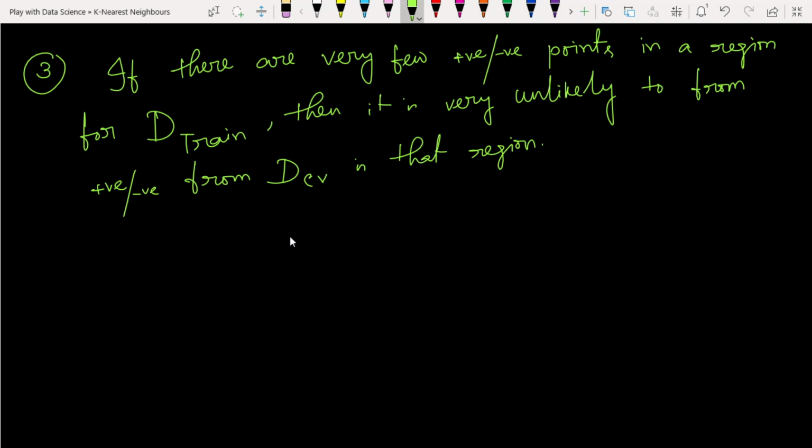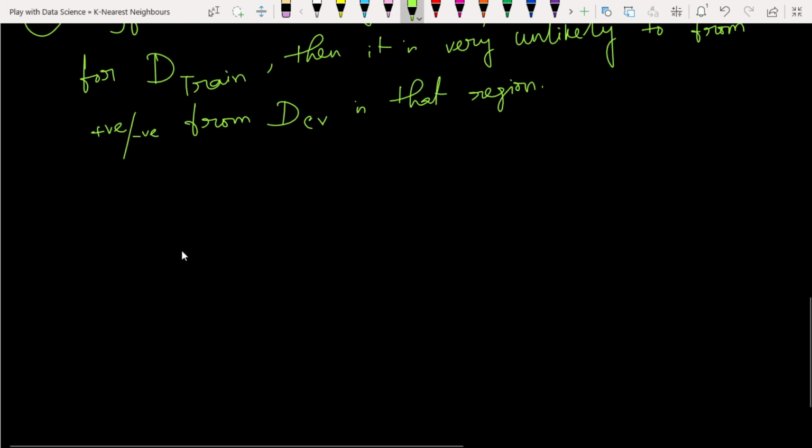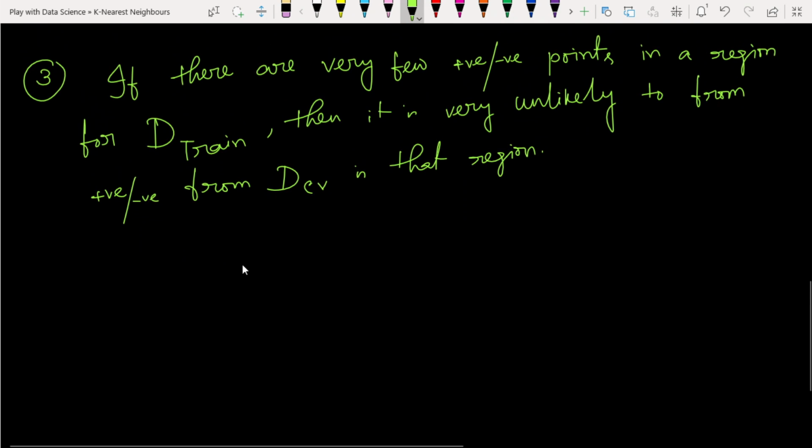Okay, so let's see this practically. Suppose let's choose our region like that, and it has very few points from the train data set. Suppose I have taken negative points here, and we have very few, suppose two points only in this region from our negative points.